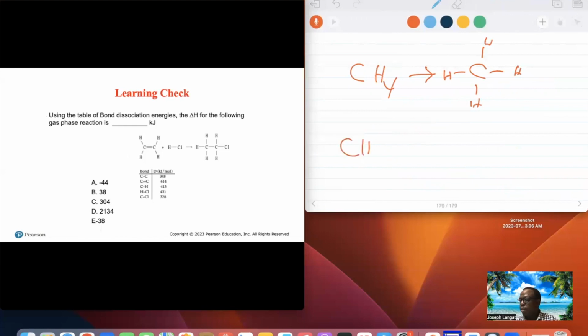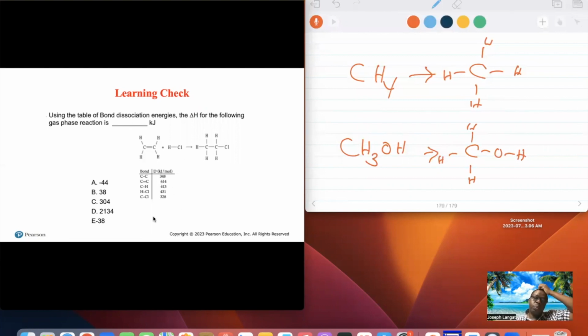Suppose you are given CH3OH, methanol. This will be C with hydrogen, hydrogen, hydrogen, bonded to O, bonded to hydrogen. So unless you really draw the expanded structure, you won't be able to see how bonds are broken.